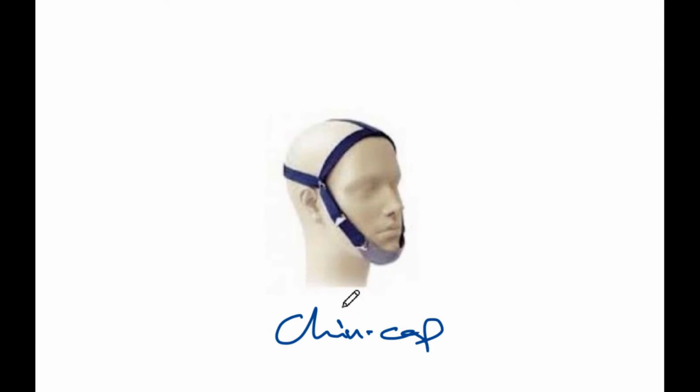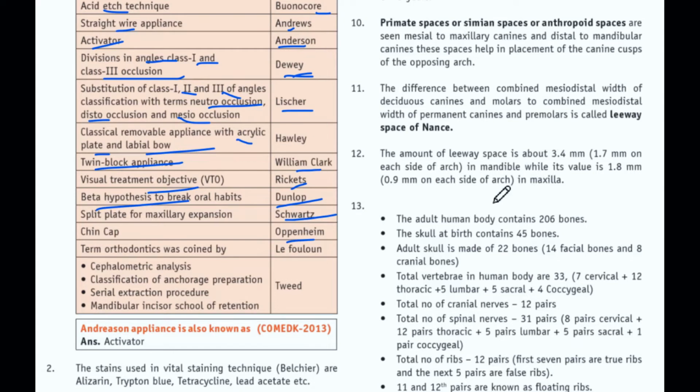Chin cup looks like this. Then the term orthodontics was coined by Lee Fullon. Tweed gave us cephalometric analysis, classification of anchorage preparation, serial extraction procedure, mandibular incisor, school of retention.